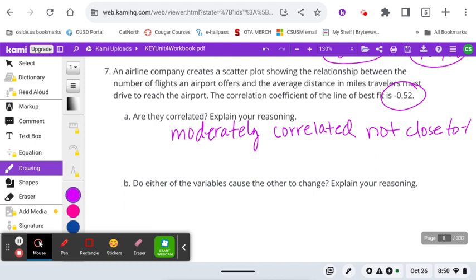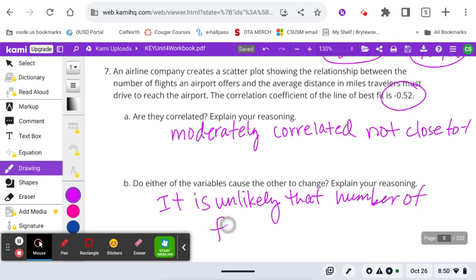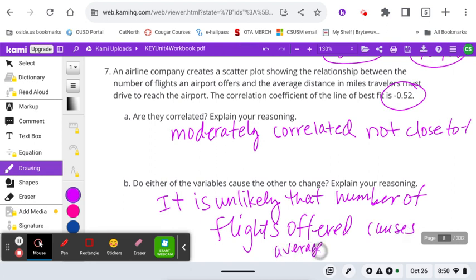So it is unlikely that the number of flights offered causes the average distance to decrease.